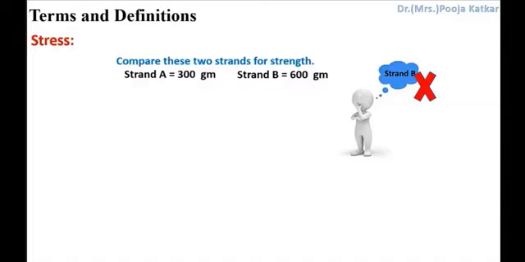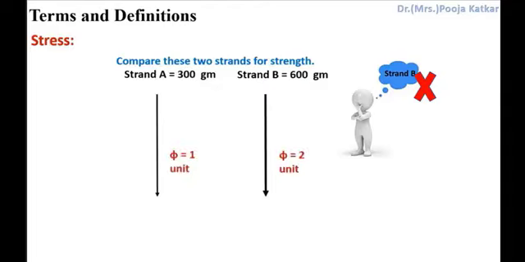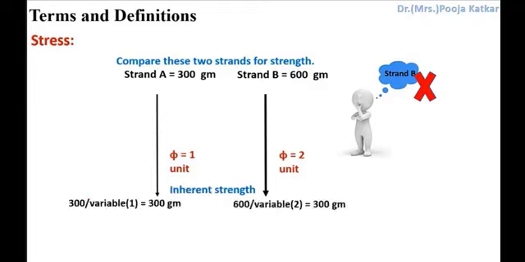As far as the numerical values are concerned, no doubt 600 gram is higher than 300 grams. But in actual, the condition may be something like this. Strand A may be having diameter of 1 unit, while diameter of strand B is 2 units. Because of which, if you consider diameter of these two strands, the inherent strength of the material will be 300 upon the variable.